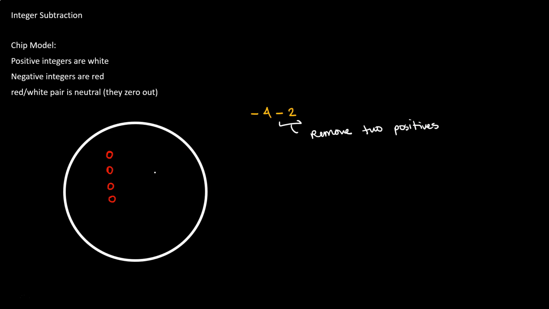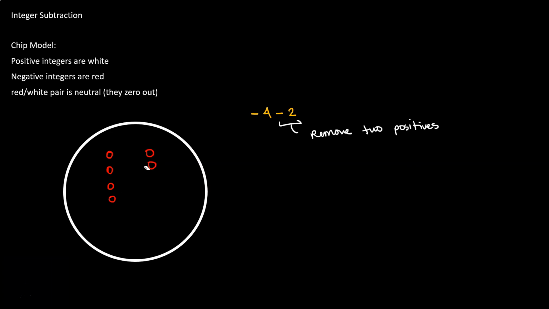But if I look in my circle, there aren't any positives. Since there aren't any positives to remove, I'm going to add neutral pairs, until there's enough positives for me to remove. So 1 neutral pair won't cut it. I go to add my second neutral pair. Now there are 2 positives that I can remove.